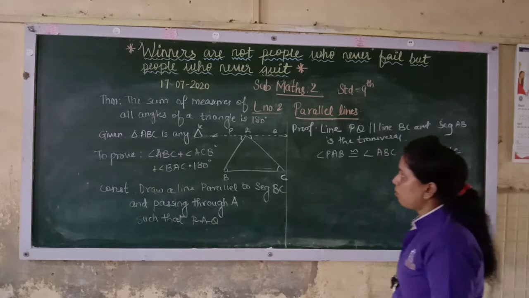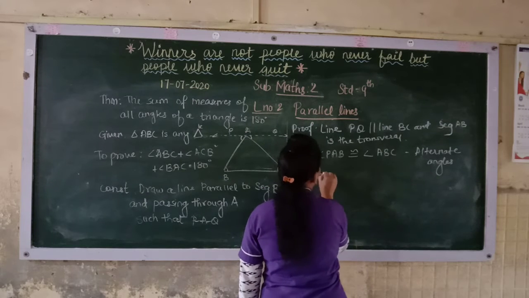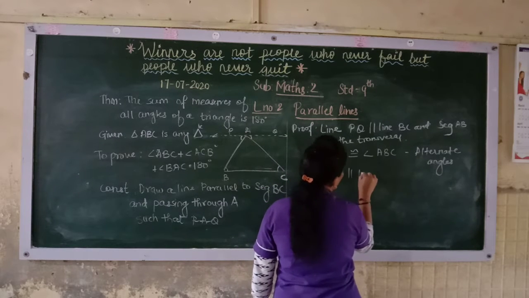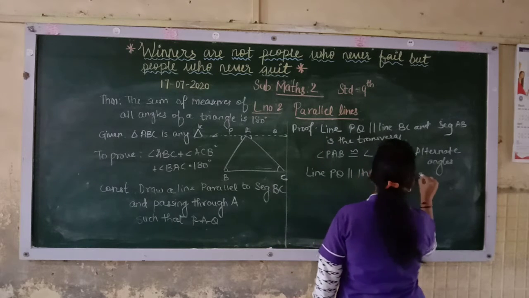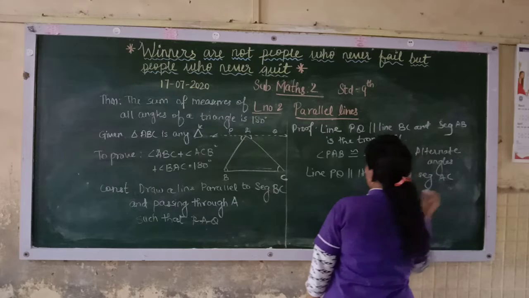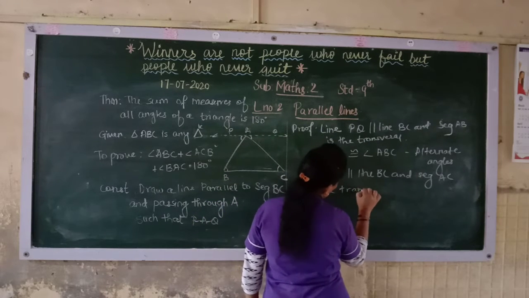Now these two are parallel again and AC is the transversal. So you will write here: line PQ is parallel to line BC and segment AC is the transversal.